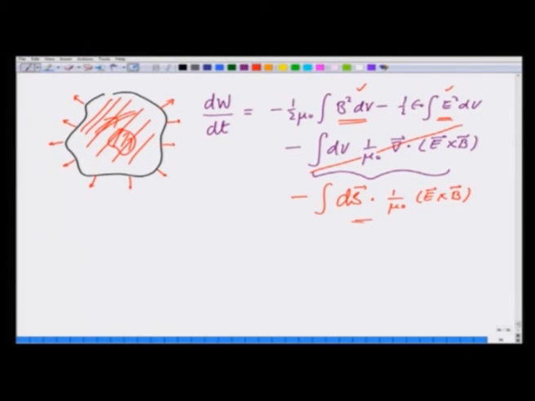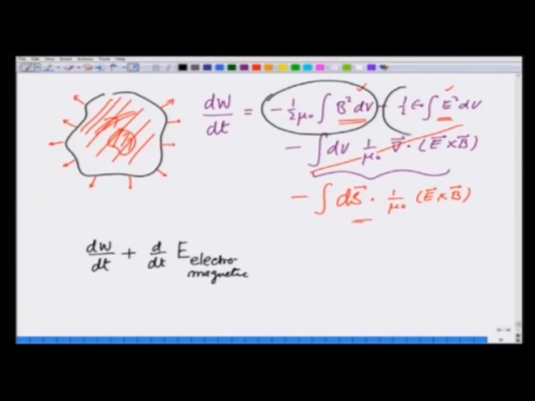To interpret this, let us write it slightly differently. I will write dW/dt, that is the power change inside the system, plus d by dt of total electromagnetic energy. What we mean by this is the sum of the energy which is here due to magnetic field and due to electric field.